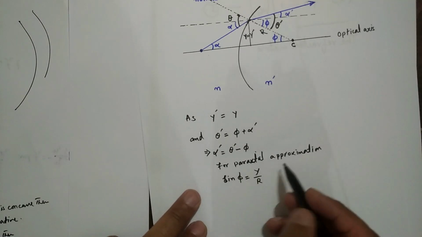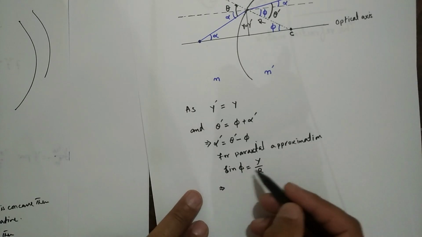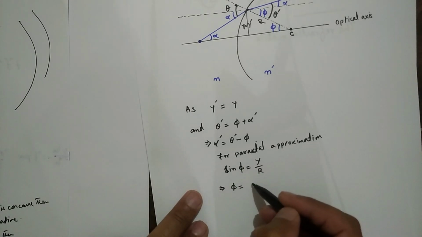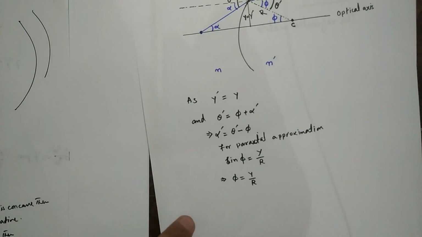And in the paraxial approximation, sin phi is almost equal to phi, so phi is equal to y upon r.